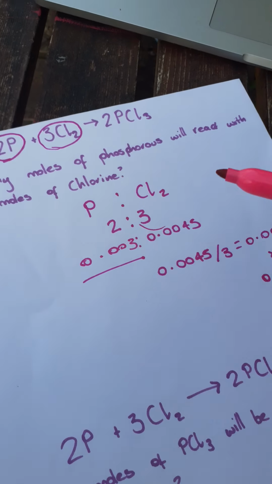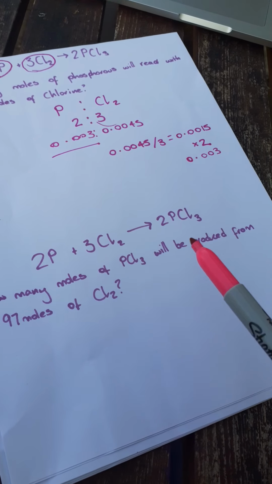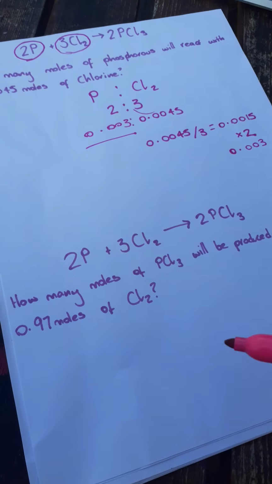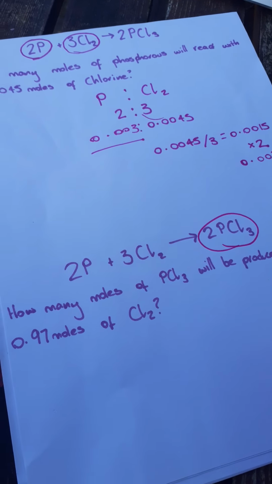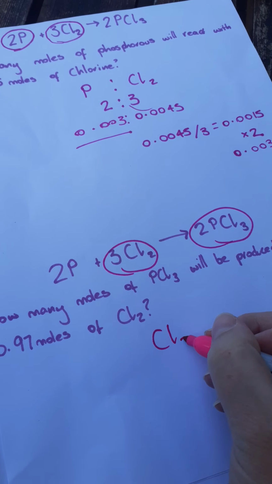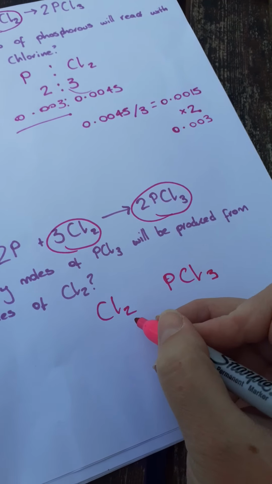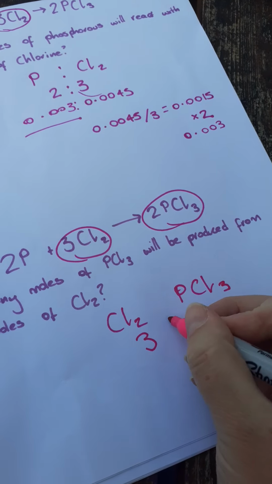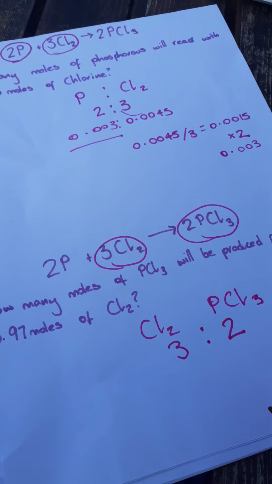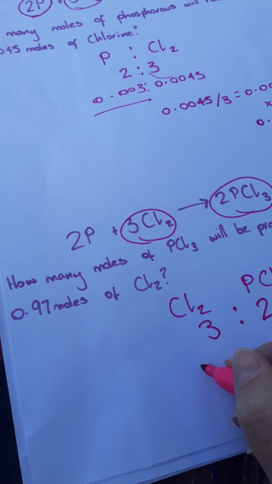Okay. Last one then. How many moles of phosphorus chloride will be produced from 0.97 moles of chlorine? So again, we're using our phosphorus chloride and we're using our chlorine. So we've got chlorine, we've got phosphorus chloride. 3 moles of chlorine reacts with 2 moles of phosphorus chloride, but we don't have 3 moles of chlorine, we have 0.97 moles.